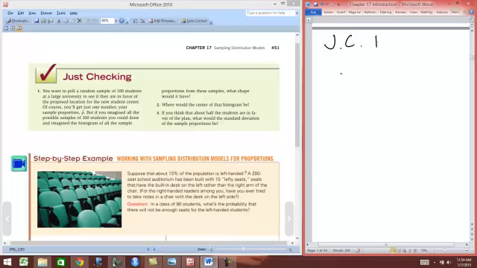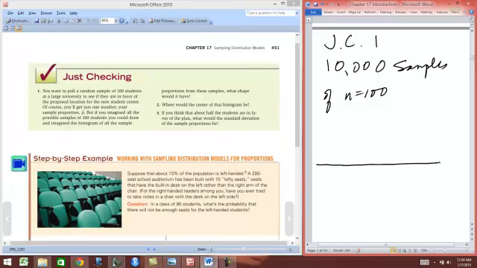So let's say you made 10,000 samples of n equals 100. So that's 10,000 p hats, and n equals 100. What would it look like? It would look normal. And what would be in the middle?